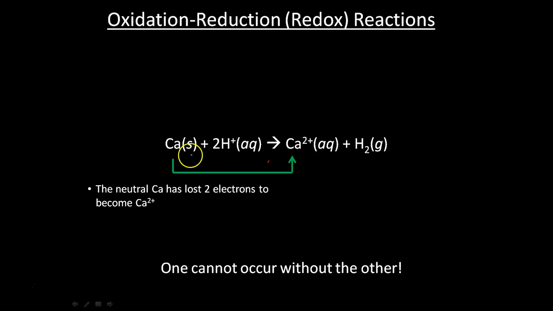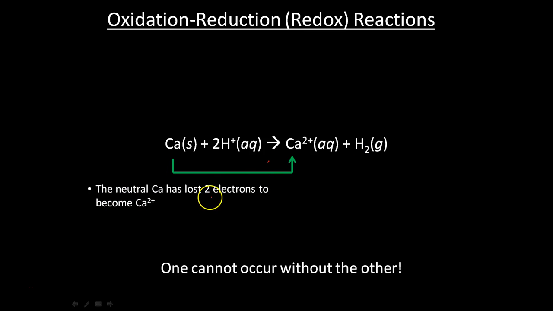If it's losing 2 electrons, it's got to be losing it to someplace. The other thing to look at is this hydrogen plus is going to form elemental hydrogen, and there are 2 of them here. So 2 H+ goes to form elemental hydrogen. Well, H+ has no electrons. This elemental hydrogen has 2 electrons in this molecule. It's a covalently bonded molecule, so each one of those hydrogens has to be contributing an electron.